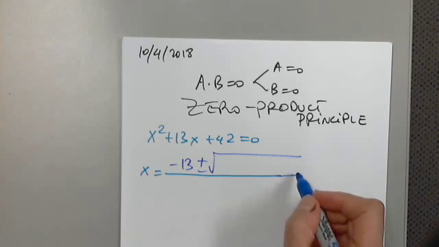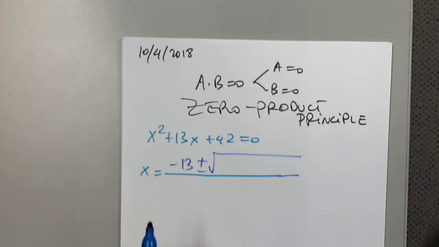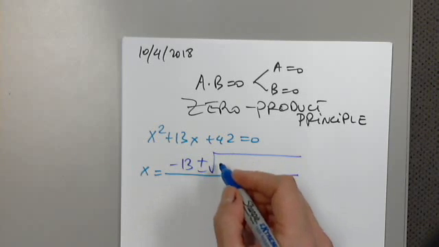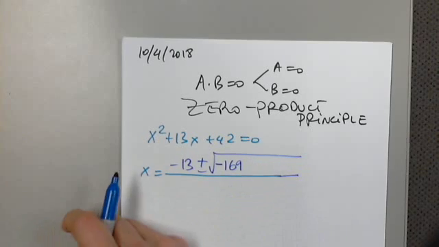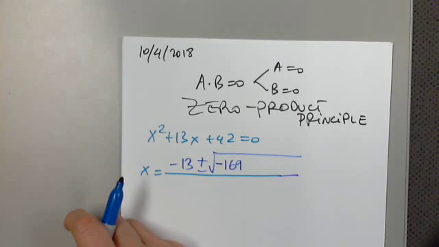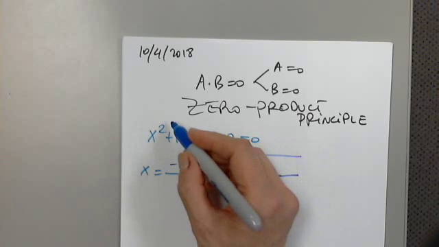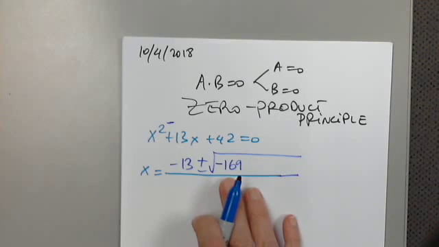Negative 13 squared. Careful. This is always positive no matter what. So if I see something like this, I will not look at the problem, please. Even if it's positive, even if it's negative, we have to square it.